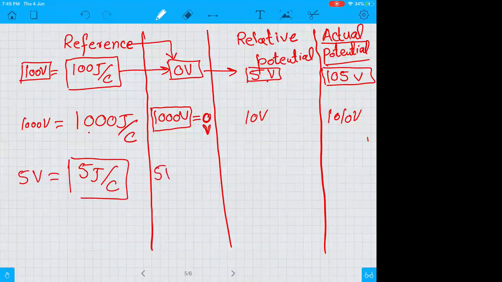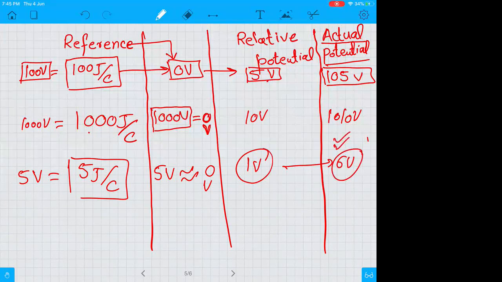You're saying that 5 volt is defined as 0 volt, then what would be 1 volt? 1 volt will represent 6 volt. So all the volts that we determine, they are with respect to our reference. That's why we can have a negative potential and a positive potential.